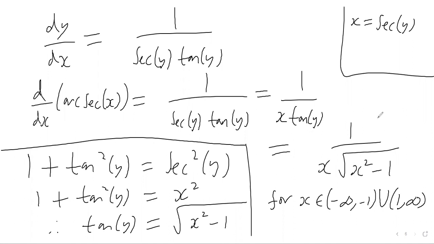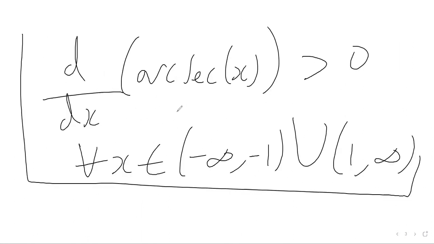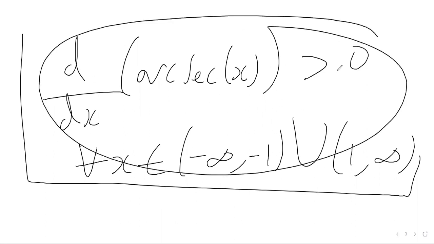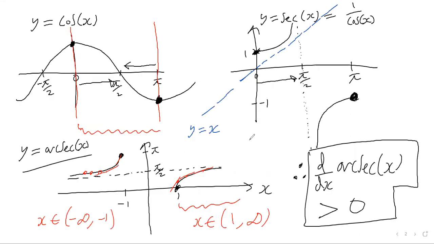Okay, so again, similarly with the previous couple of videos when we differentiated arccosec, we need to check, is this result greater than 0 for all values of x in our domain? Because remember, this must be true. The derivative must be greater than 0 because the gradient of this arcsec graph is always greater than 0 for x values in the domain.